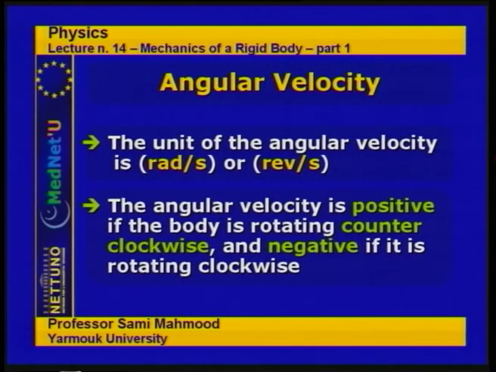The angular velocity is defined to be positive if the body is rotating counterclockwise, and is negative if the body is rotating clockwise. And this is because of the following.